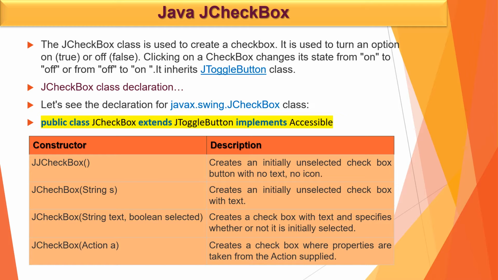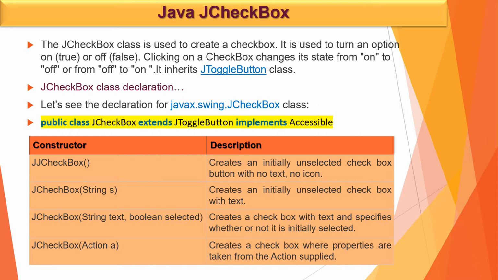The number of constructors which we can use in JCheckbox are as follows. In the table itself, the first constructor is JCheckbox(). This will create an initially unselected checkbox button with no text or no icon.